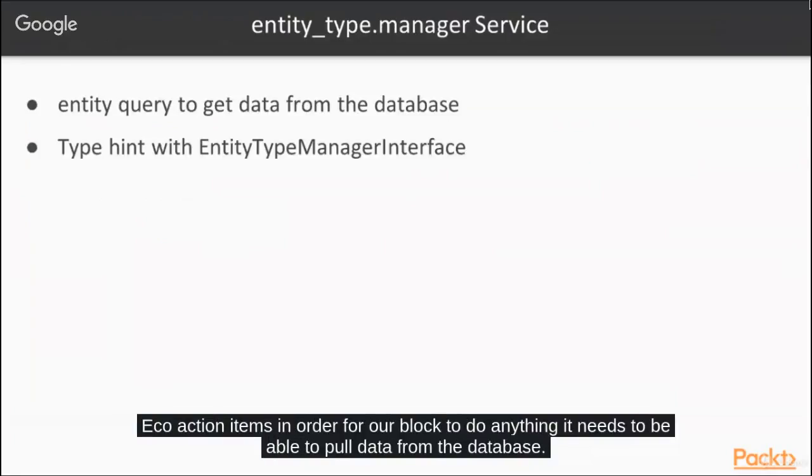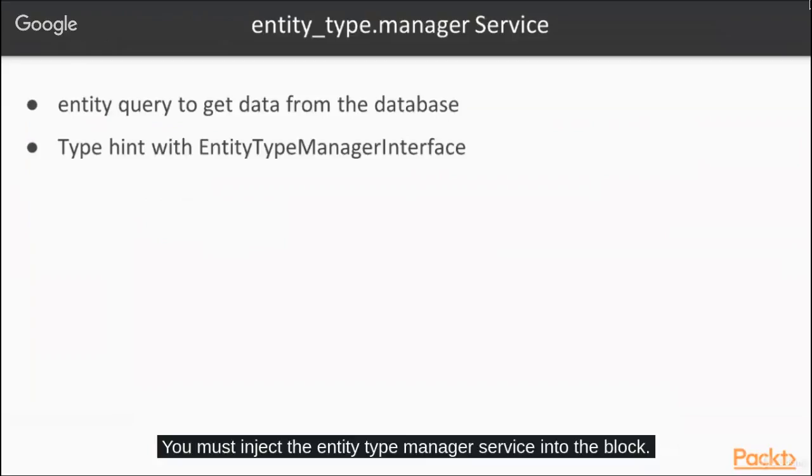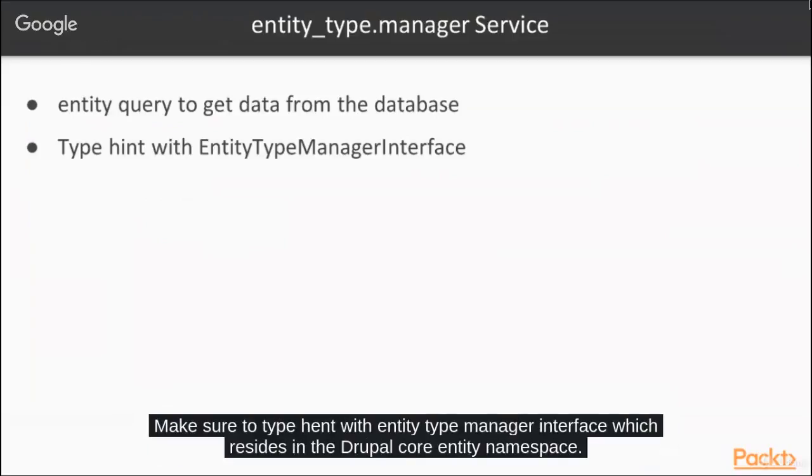In order for our block to do anything, it needs to be able to pull data from the database. You must inject the entity type manager service into the block. Make sure to type hint with entity type manager interface, which resides in the Drupal core entity namespace.